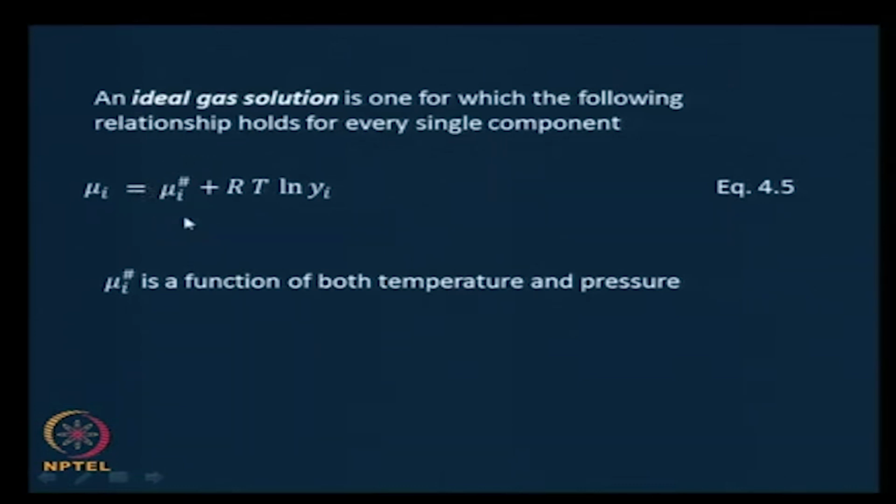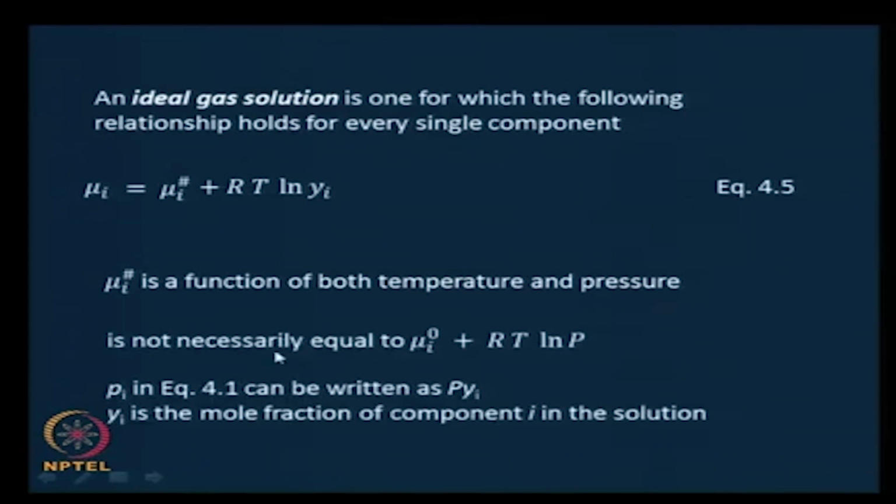But in this case, unlike the cases that we have seen earlier, ideal gas and perfect mixture and so on, mu I hash is a function of temperature and pressure. And also note that mu I hash need not necessarily be equal to mu I naught plus RT ln P.